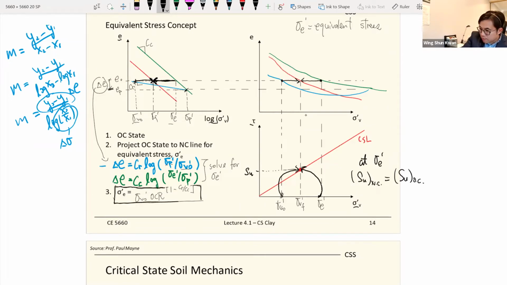So it becomes a mathematical model where you can find the equivalent stress based on the initial stress, the stress history, and also the soil properties Cc and Cr. Any questions on this?